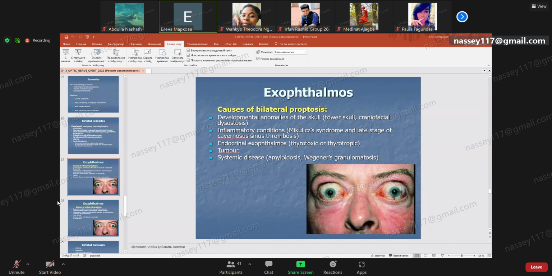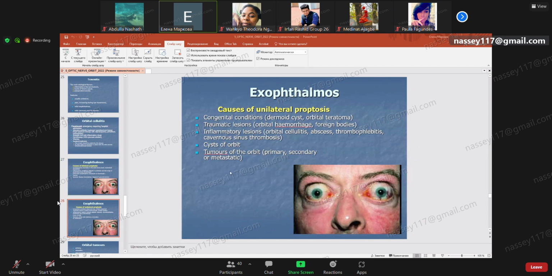Another situation is unilateral proptosis or exophthalmos. The first reason of unilateral exophthalmos is congenital conditions, maybe dermoid cyst, orbital teratoma. It may be traumatic lesions, for example, orbital hemorrhage, foreign bodies.